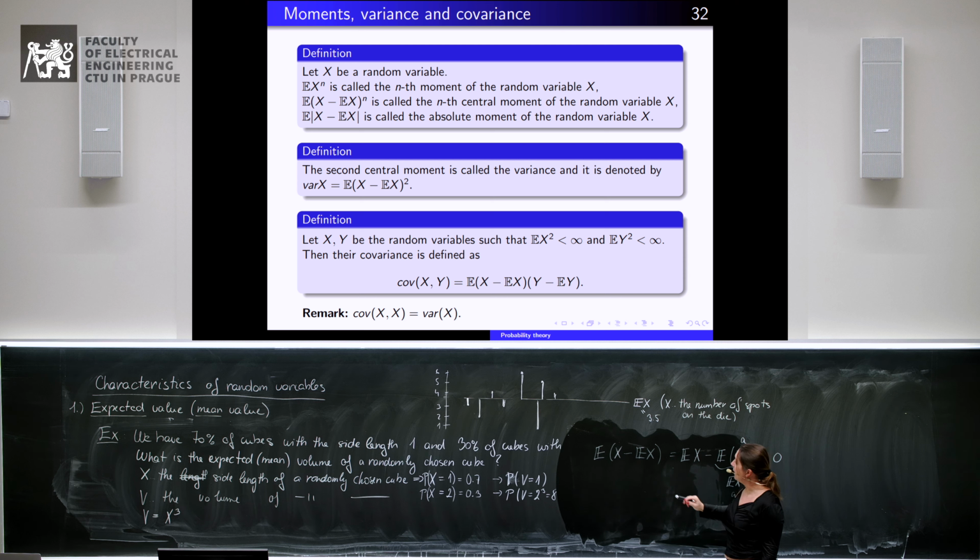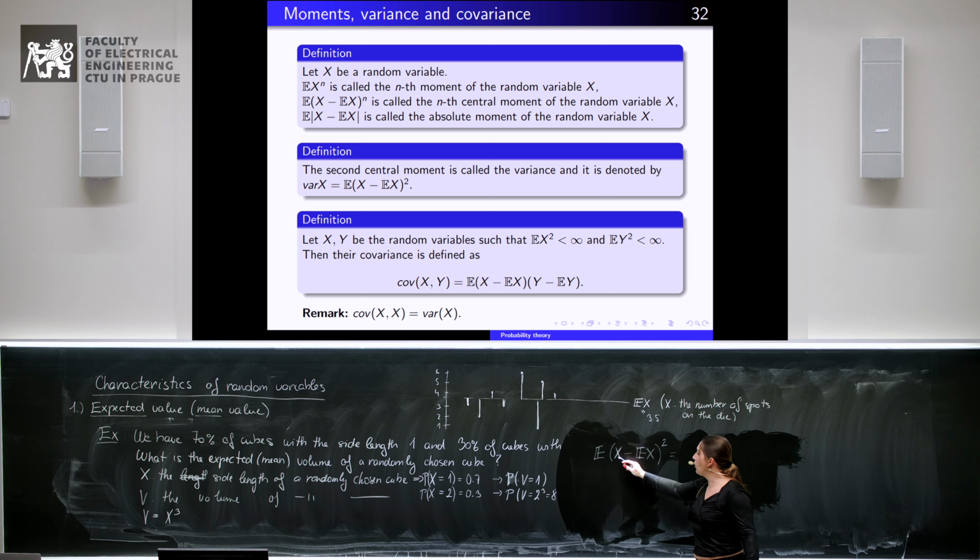Therefore, and as I said, the absolute value is crazy to calculate and does not have very nice properties. So instead of this characteristic, we use the expected value of the square of this distance.